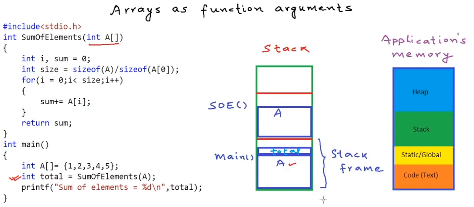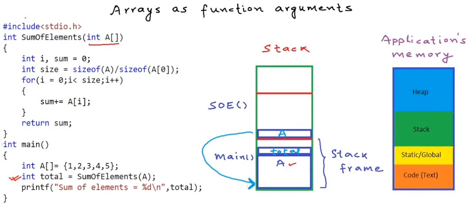But actually this doesn't happen. When the compiler sees an array as a function argument, it does not copy the whole array. What it actually does is create a pointer variable by the same name. Instead of creating the whole array, it just creates a pointer to the data type of the array. So in this case it will be a pointer to integer, and the compiler just copies the address of the first element in the array of the calling function.